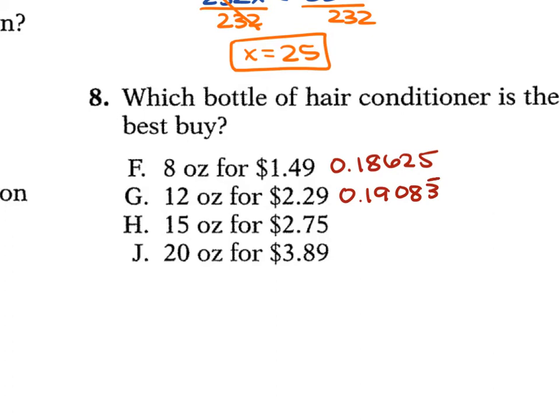Next, we have 15 ounces for $2.75, so that's $2.75 divided by 15. That's 0.183, repeating. And then 20 ounces for $3.89, so that's $3.89 divided by 20, which is 0.1945. So the one that's the lesser of all of these is H.